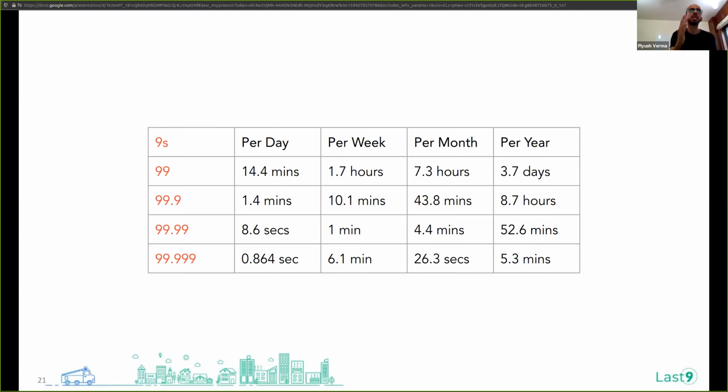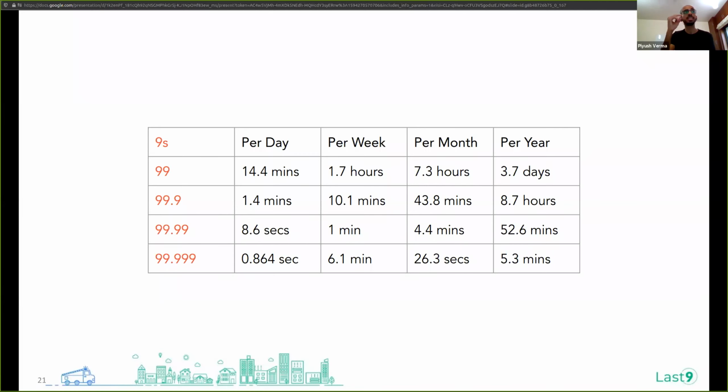But if I shrink it down to just an everyday rolling window, you only have 1.4 minutes of downtime. What that means is that if every day I was down as a service and I don't come back up in 1.4 minutes, this is lost. The same thing applies for 99.